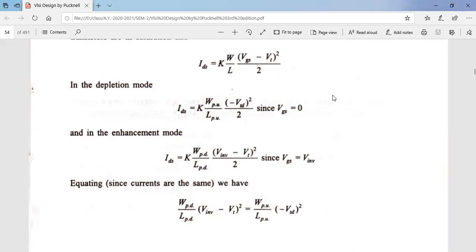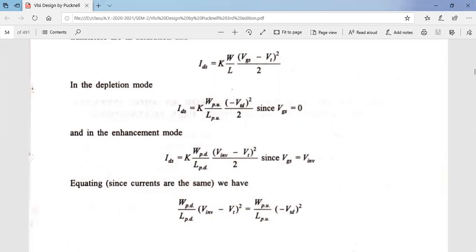In place of W, we are converting it to W by L. For the pull-up transistor, VGS will generally be equal to 0, the gate to source voltage is 0. Why? Because its gate is connected to its corresponding source, so we don't have any voltage difference, and VGS is equal to 0.